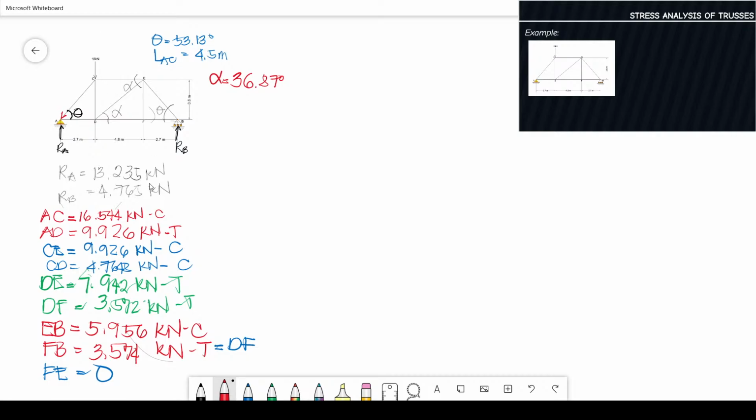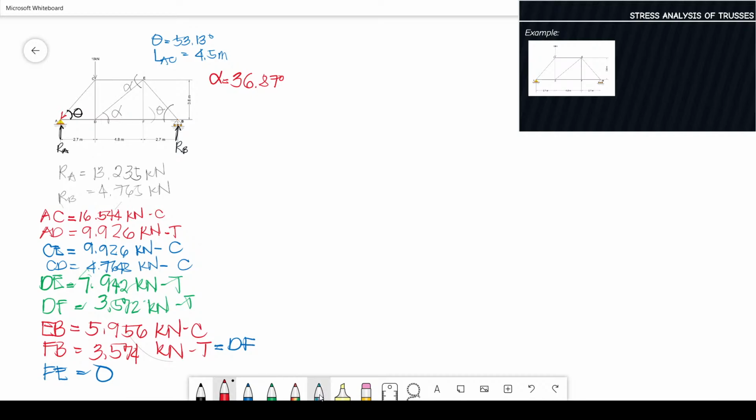So, the good thing in section is you just have to make a cutting line or a section line between truss members. Number one rule in the section method is you have to cut across 3 members. So, this is 1, 2, 3 members.